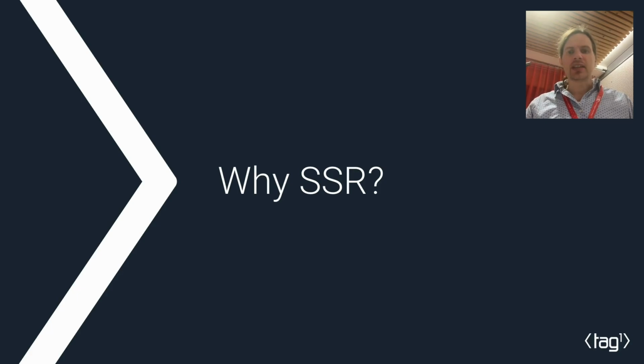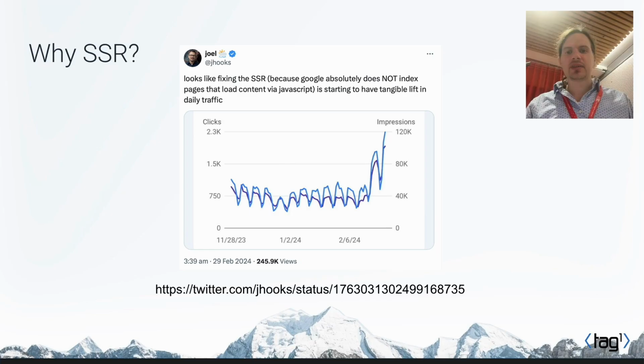So SSR in the first place because we want to avoid this: that if we don't have SSR, Google penalizes us so much that there's almost no more page traffic. And that's a pretty recent example from 29th February.